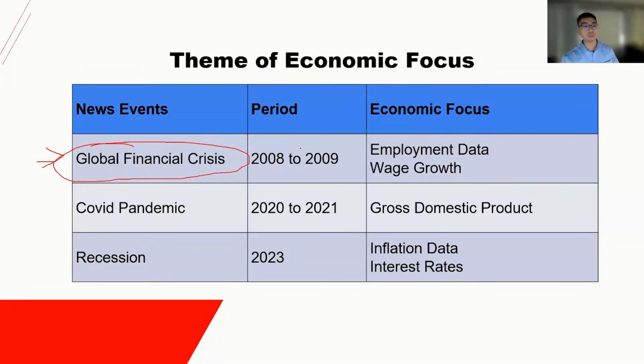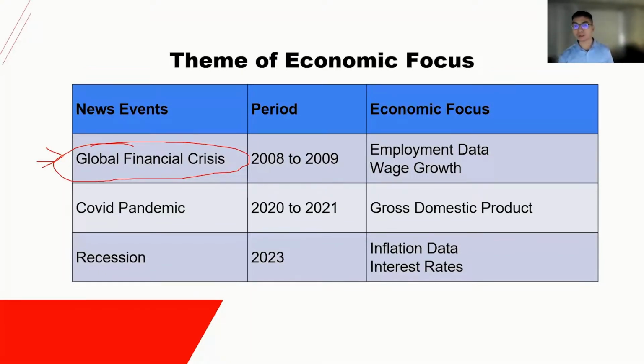Then the economic focus was a lot on employment data and wage growth. For those who do not know, the global financial crisis is also known as the Great Recession. It had far-reaching consequences for economies and individuals worldwide.